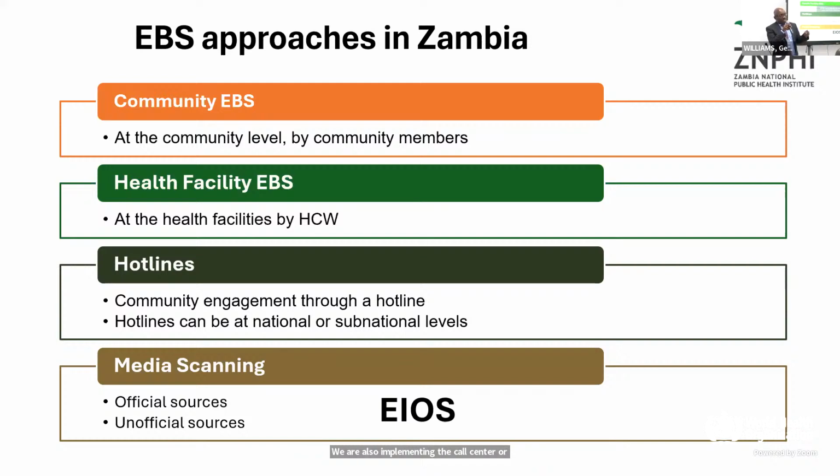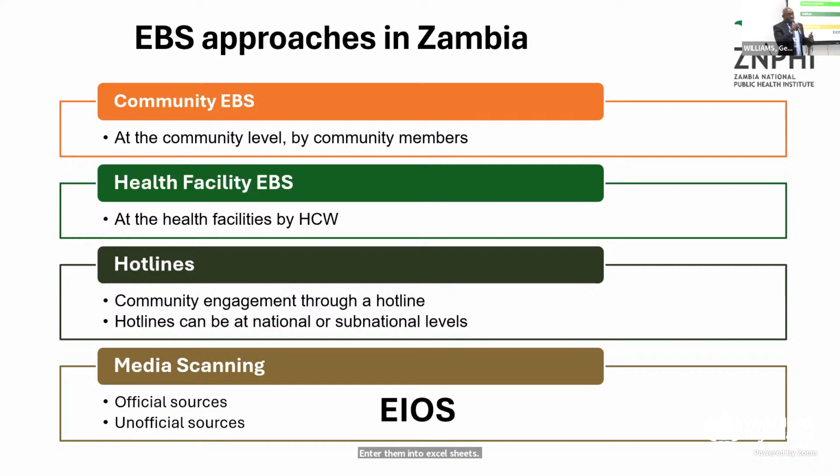So the media scanning approach for Zambia started the moment I was brought into ZNPHI in 2019. And initially we were using manual manipulation of gathering information, meaning you have to have a list of sources which you have to manually go through, get your articles, and enter them into Excel sheets, which was cumbersome.